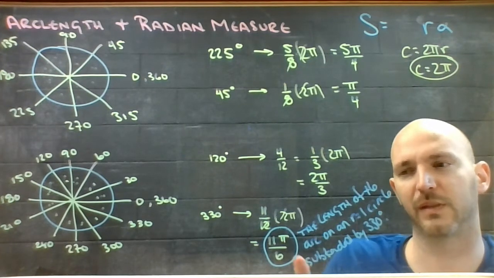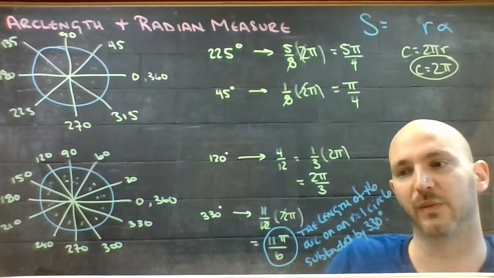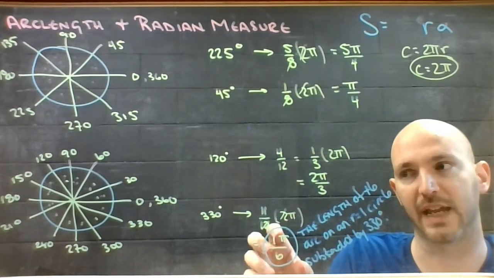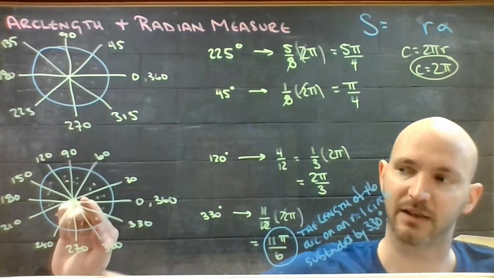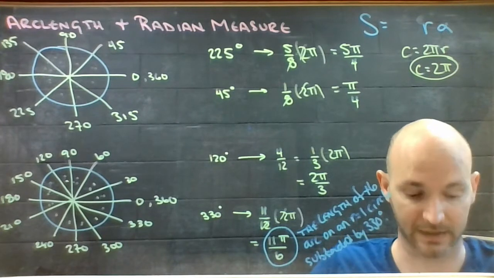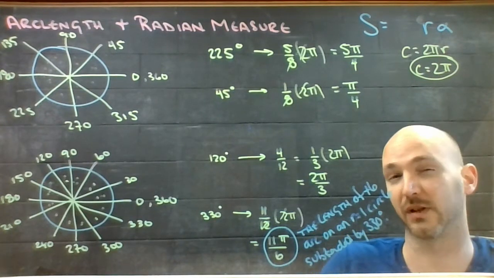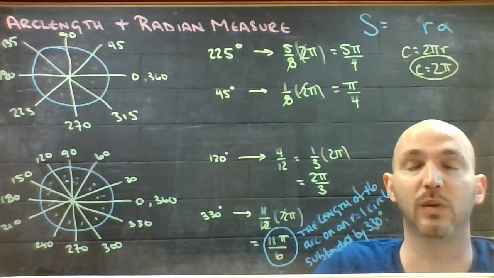So we're going to call these things radians. So if you're choosing to measure an angle by the length of the arc it makes instead of the size of the corner down here, you are measuring that angle in radians. And if you are going into physics or engineering or math of any kind, you will be using radians.